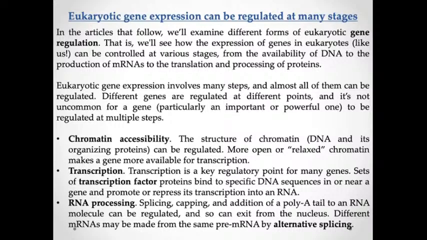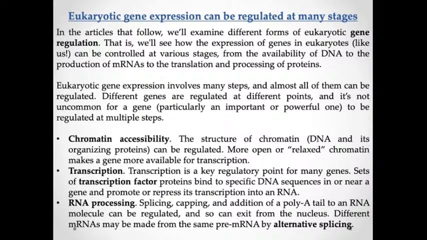At the level of chromatin accessibility, the structure of chromatin can be regulated. More open or relaxed chromatin makes a gene more available for transcription. Transcription is a key regulatory point for many genes. A set of transcription factor proteins bind to specific DNA sequences at or near a gene and repress transcription into RNA.